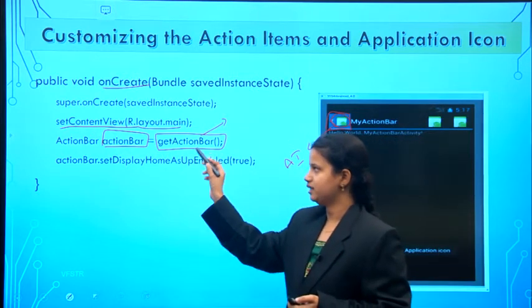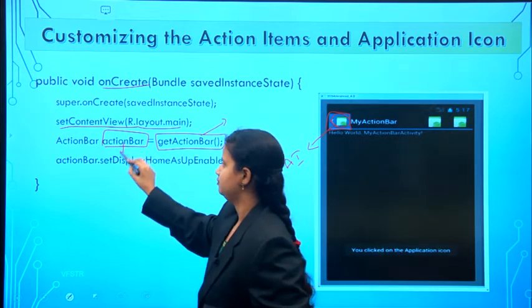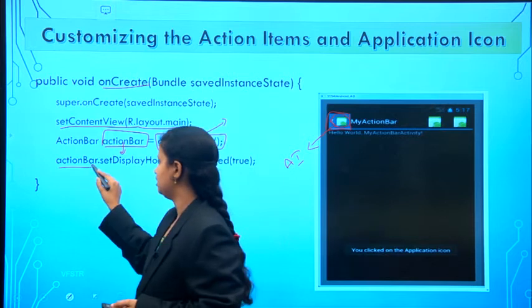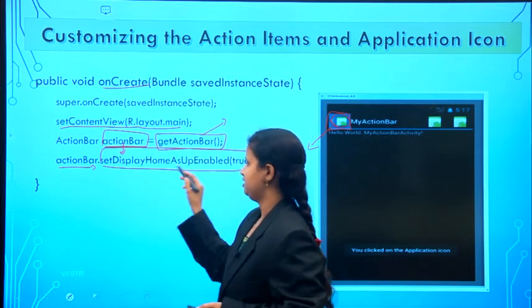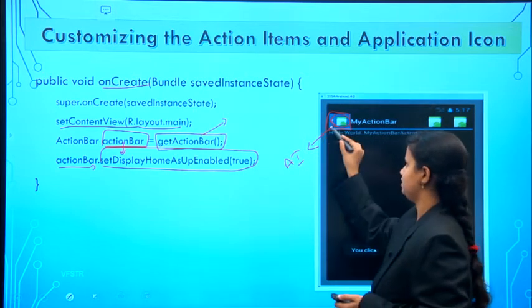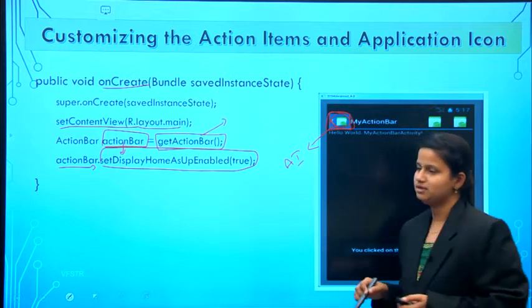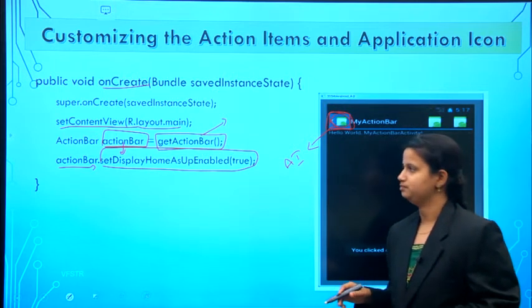So the action bar is retrieved, that means the action bar is loaded. Then we create actionBar.setDisplayHomeAsUpEnabled, so that it enables the application icon as a clickable option.